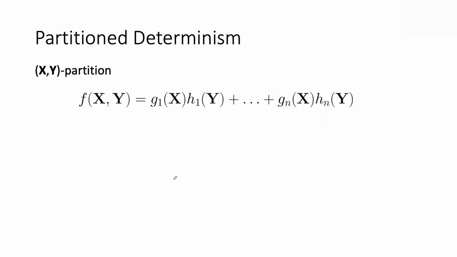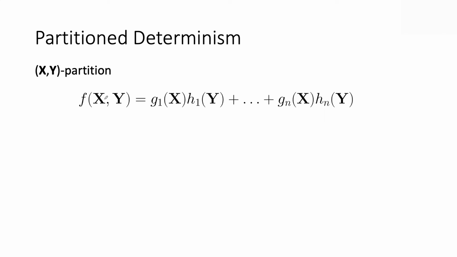So the fundamental idea behind SDDs is this notion of XY partition. What does that mean? So you give me the Boolean formula, and I'm going to partition its variables into X and Y, just like what we do in structured decomposition. And then I'm going to write it like this, all right? So what happened here?